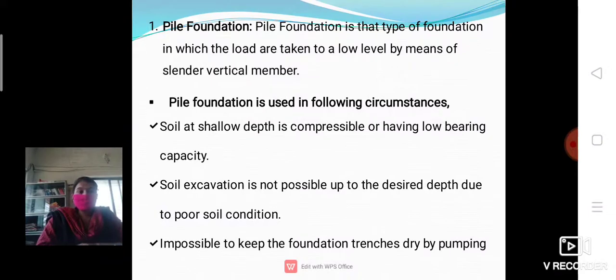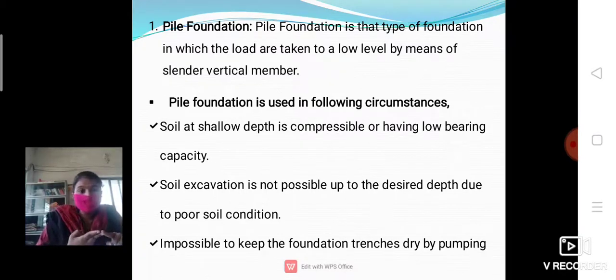Pile foundation is the type of foundation in which loads are taken to a lower level by means of slender vertical members. This pile, as I showed you already in that picture, is the slender vertical member. The pile foundation is used in the following circumstances. The first is when soil at a shallow depth is compressible or has low bearing capacity.